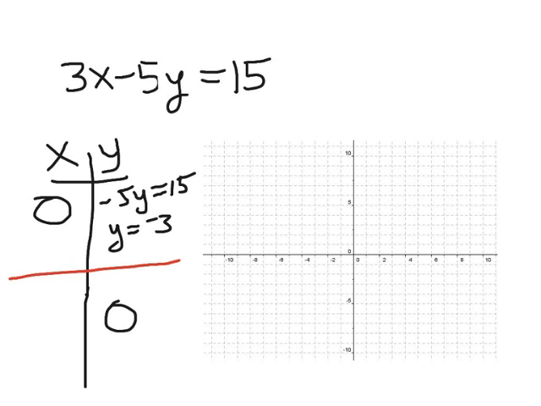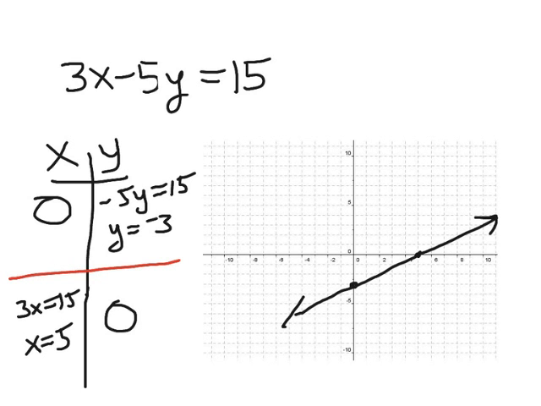When I plug 0 in for y, I get 3x equals 15. Divide, x is 5. Alright, so I have (0, -3). That's right there. I have (5, 0). That's over there. I draw a nice straight line.